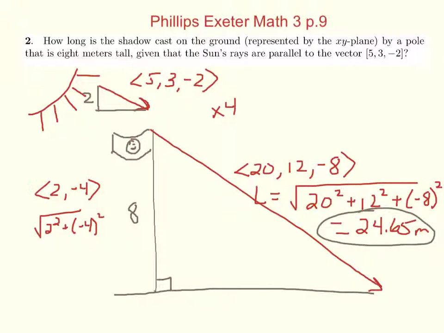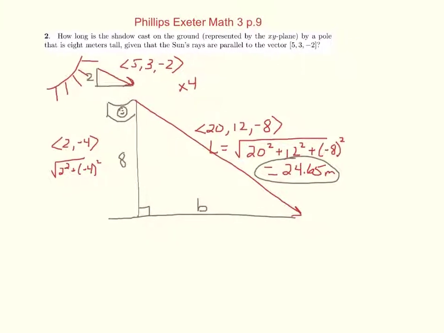And now once you have that, we can solve for the shadow length, B there. We can just go 8 squared plus B squared equals 24.65 squared.